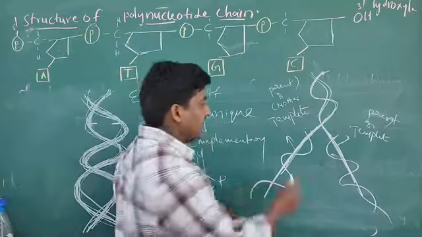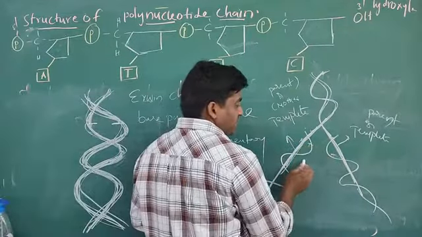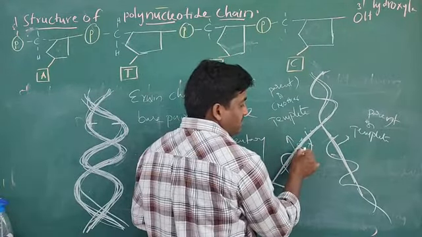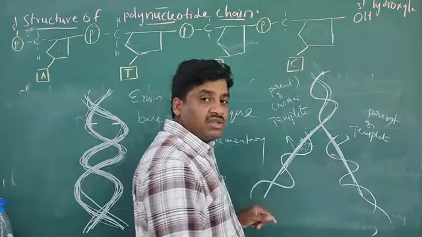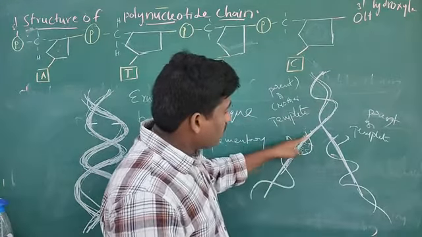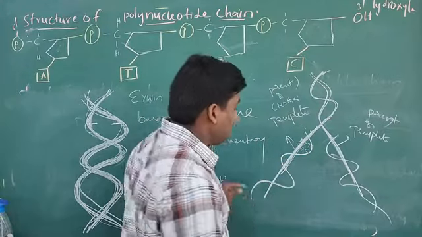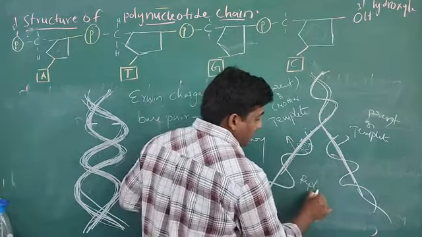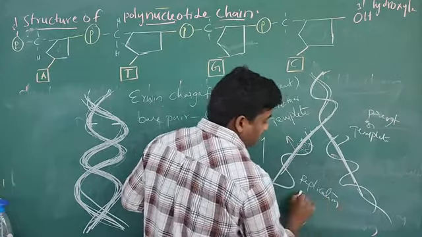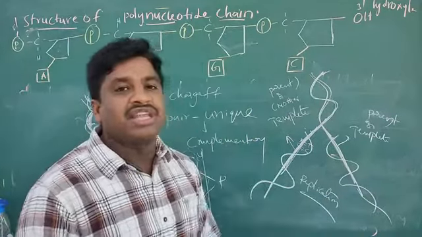So if A is present, the opposite strand forms T. If G is present, the opposite strand has C. Like that, the mother strand forms an opposite strand, a daughter strand. This process we call replication.